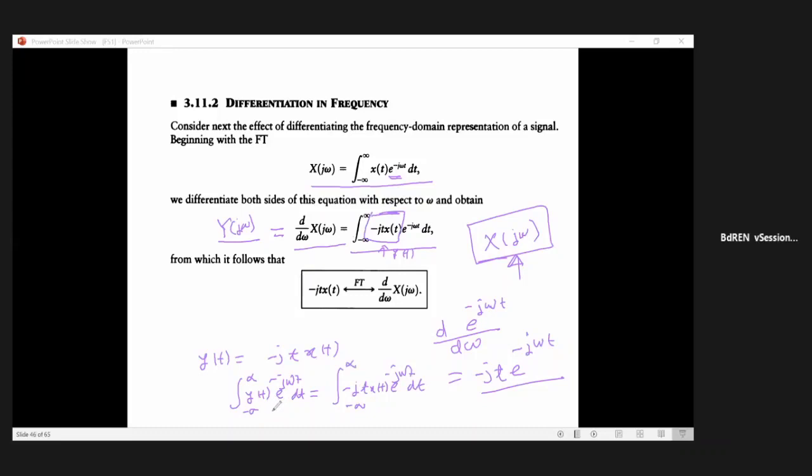Is it not the Fourier transform of this quantity is this? So the derivative of X(j omega), we are representing it by Y(j omega). That Y(j omega) is nothing but the Fourier transform of minus jt x(t). In this way, if we have a function that contains the multiplication of the independent variable with a signal, then this property can help us to find the Fourier transform of the resulting signal.